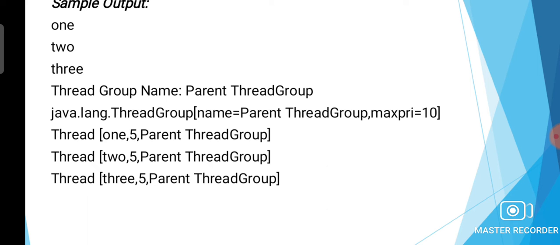After that, as a result of the list method, we are getting all those details like the thread group name and what all the threads available under the particular group. So all those details will be printed with the help of the list method.